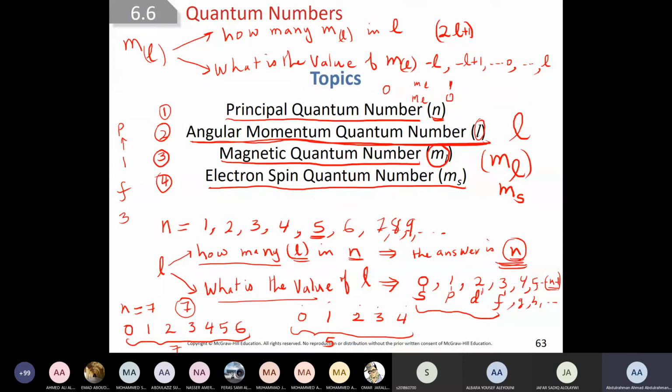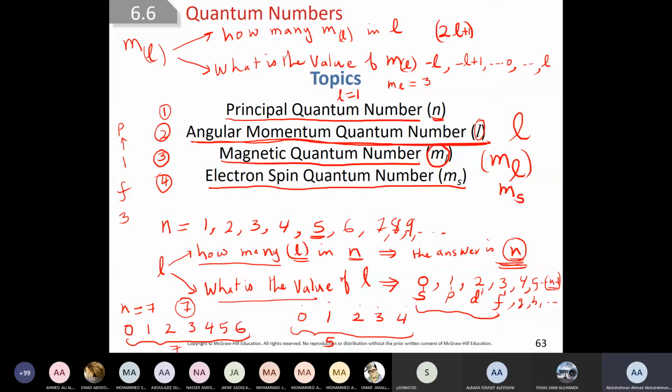Now, take this out. I'll give you another example. If L is equal to 1, how many ml do we have? 3. 3 ml.